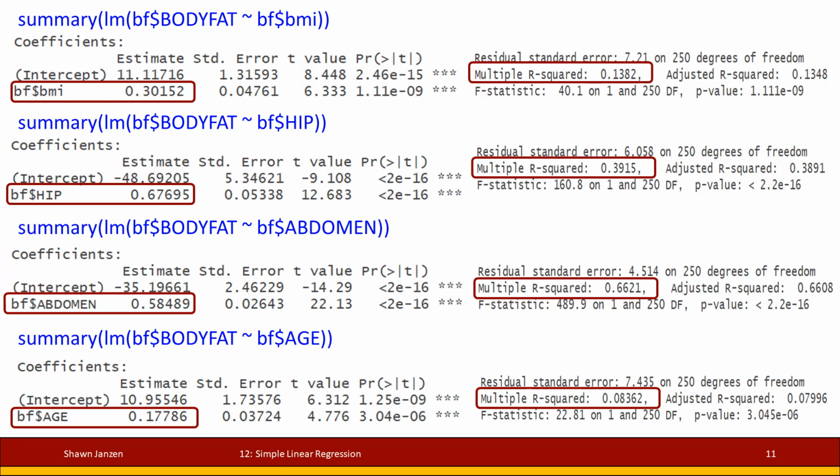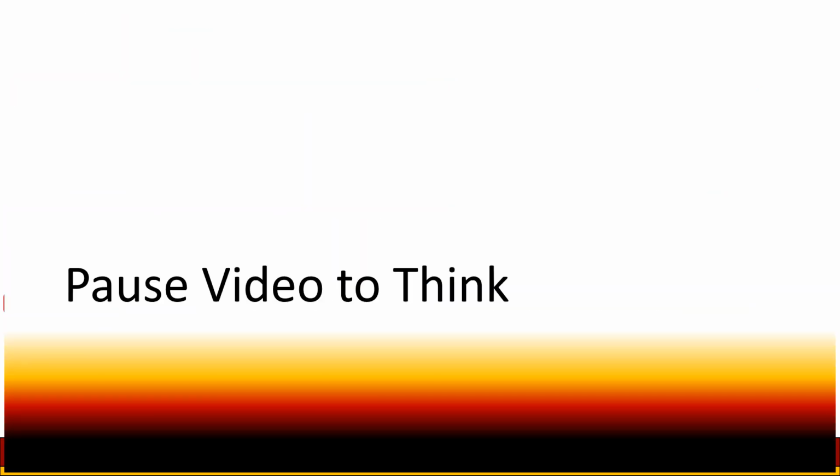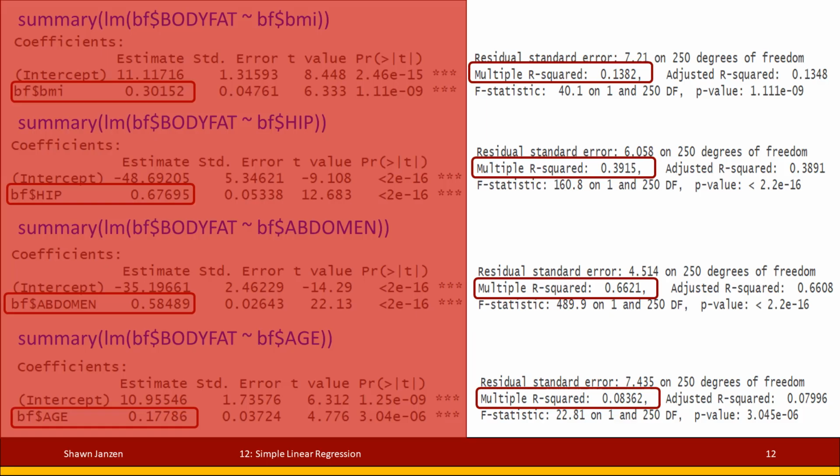So which side do you think is going to be more important to helping us figure out which variables are going to be a better fit? Is it going to be the size of the regression coefficient itself, or is it going to be the multiple R-squared? Well, in this case, it's going to turn out to be the multiple R-squared. It's not going to be the independent variables themselves because they're being measured on different scales.